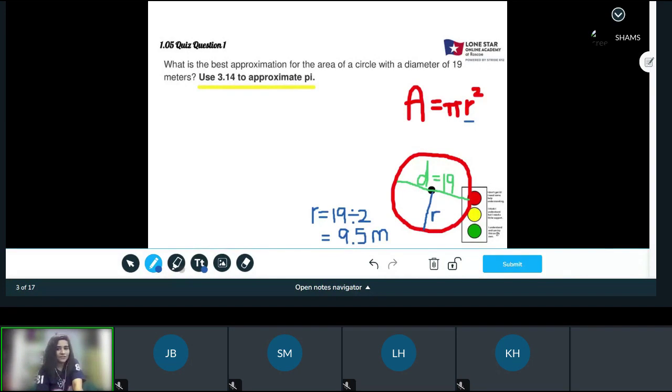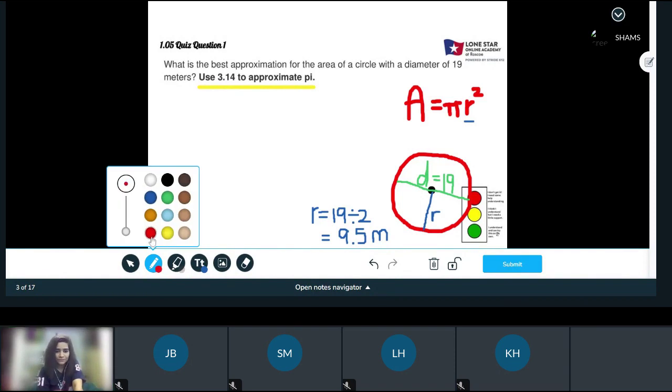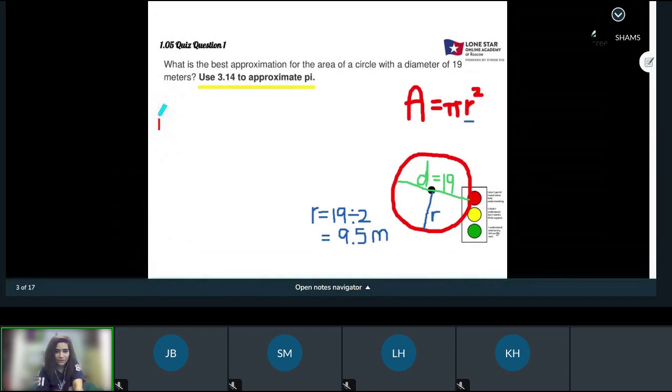To find the area of the circle, I'm going to give you some additional guidance because this is the first question. I will use the formula: pi, that is 3.14, times radius squared.